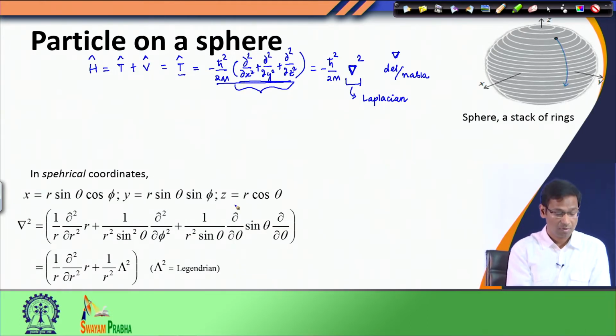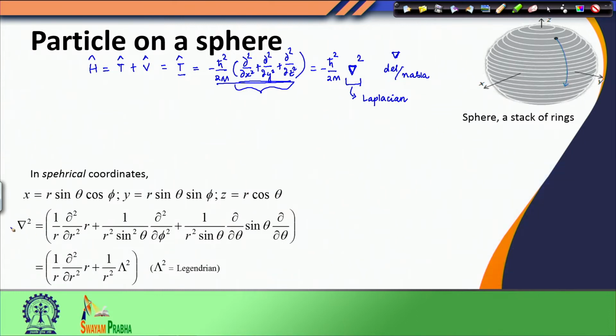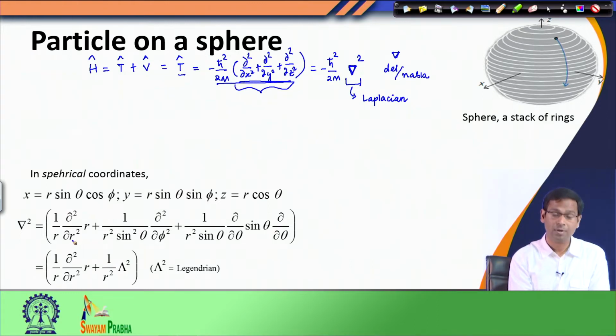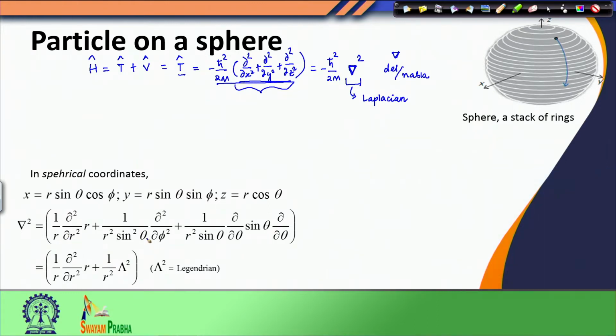When I try to rewrite this Laplacian in terms of spherical coordinates, this is what I would get. This long expression has a second derivative with respect to r, some derivative with respect to phi, and some differentiation with respect to theta. So, all three spherical coordinates are present here.